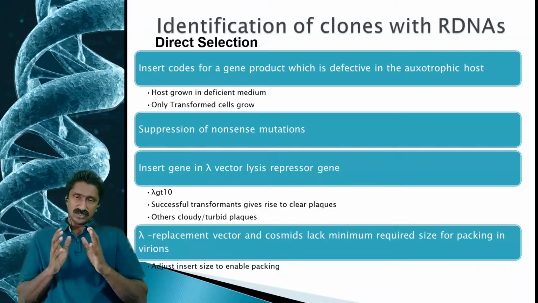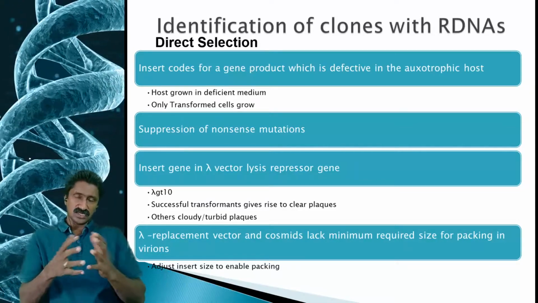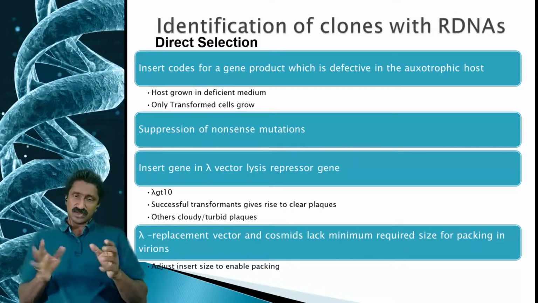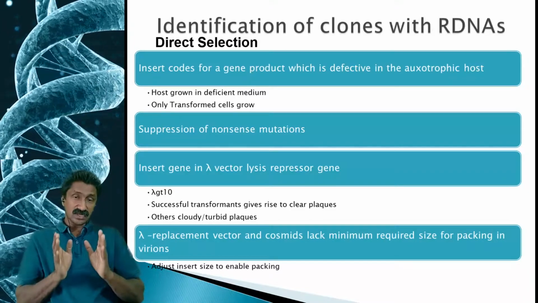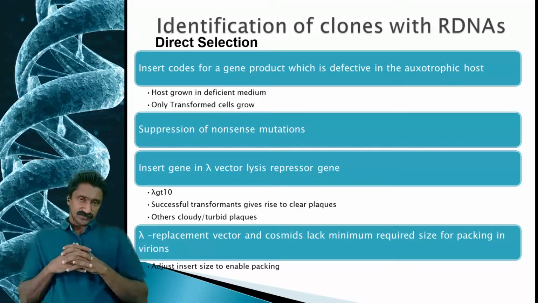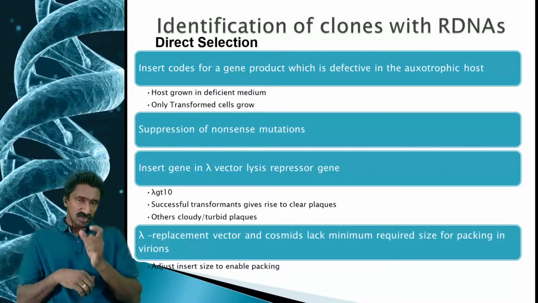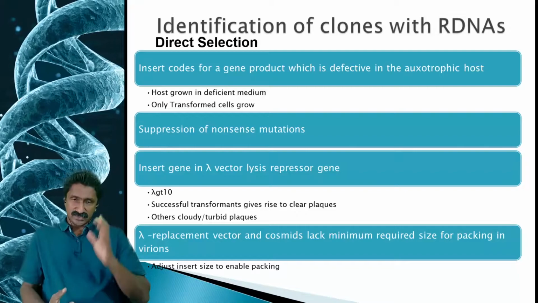The normal lambda GT10, once it infects a host cell, will not lyse the cells because of the lysis repressor gene present in lambda GT10. Because of the presence of the lysis repressor gene, the normal vector cannot lyse the cells.